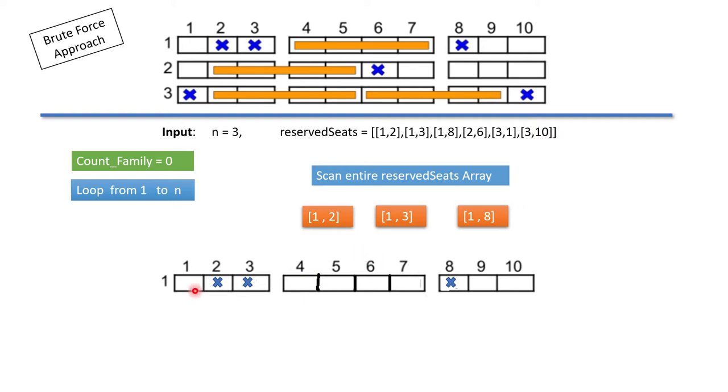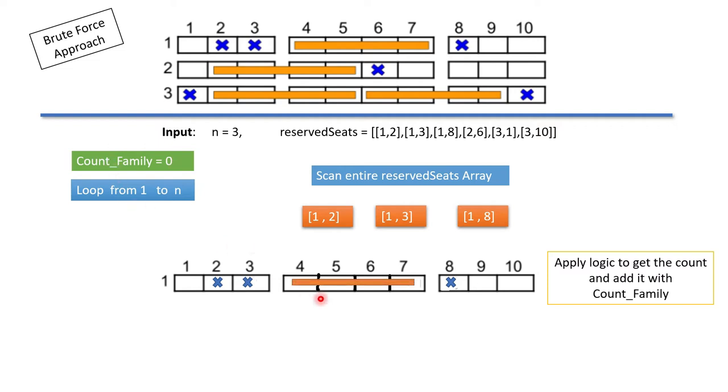So that's why for this combination only one family can sit. So we have to apply logic to get the count and add it to the count family, because we are traversing row wise. So for that particular row, whatever result we are getting, we will add to the main count family variable. So here we got this one as a result. So we will update the count as 1.